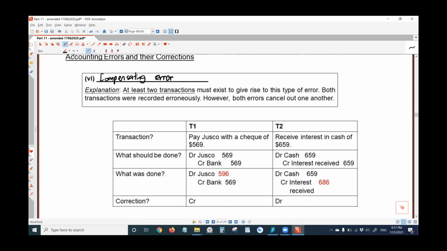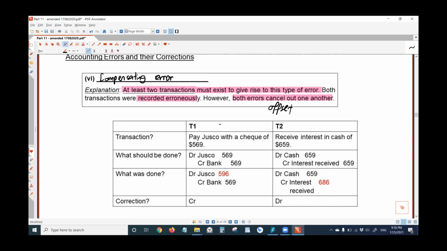So you read the explanation here. It says at least two transactions must exist to give rise to this type of error, and both transactions are recorded with error, but both errors cancel out one another. Cancel out means offset one another.